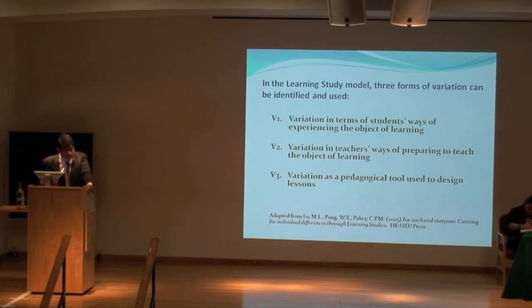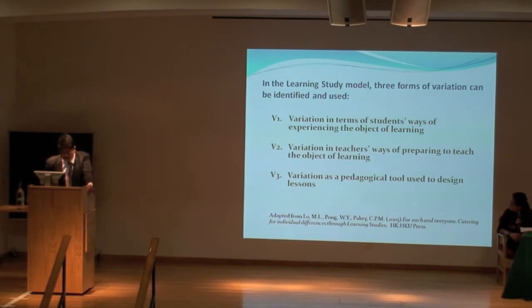Now, if you want to read more about this, since time is running out, have a look at this book by Lo Mun Ling, 2005, For Each and Everyone: Catering for Individual Differences Through Learning Studies, Hong Kong.